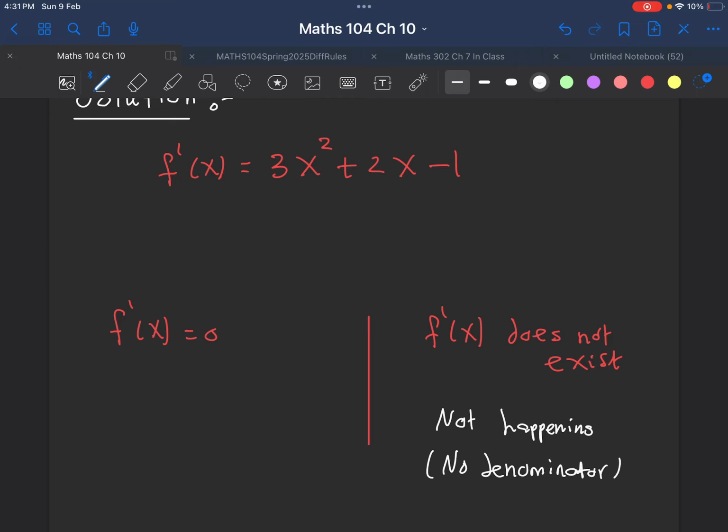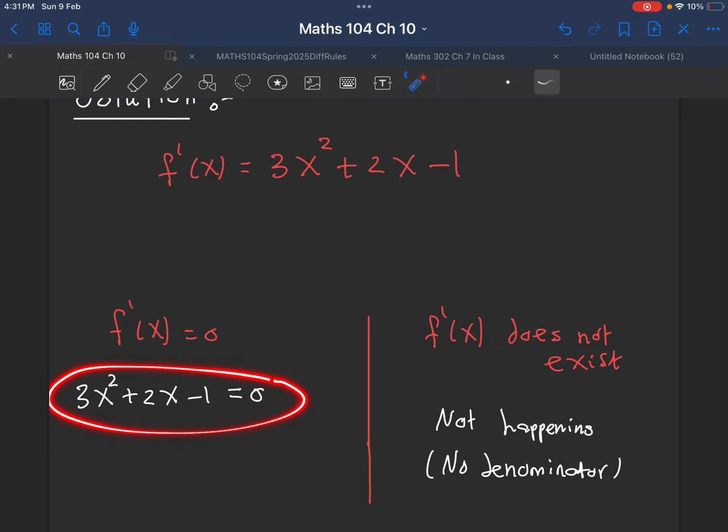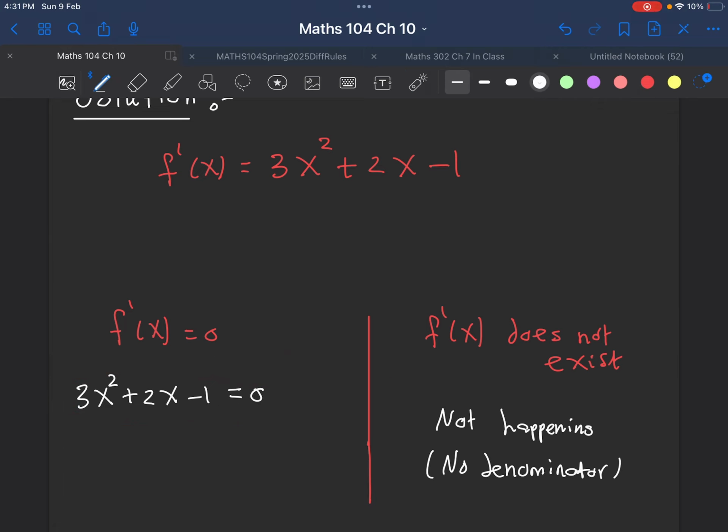If we have a denominator, or anything that makes the derivative not exist, then we can investigate this further. Now, all we need to do is make the derivative equal to 0. We can solve this using the quadratic formula, or we can use the calculator mode 53 to get the answer.